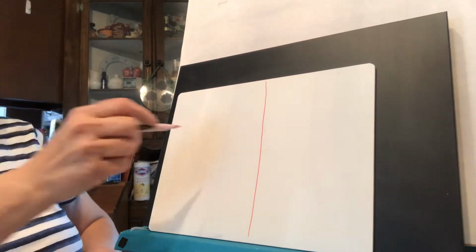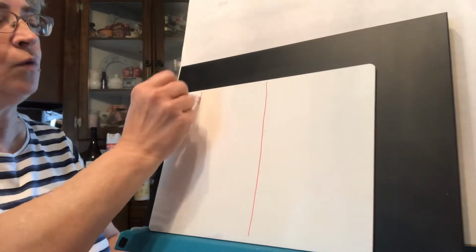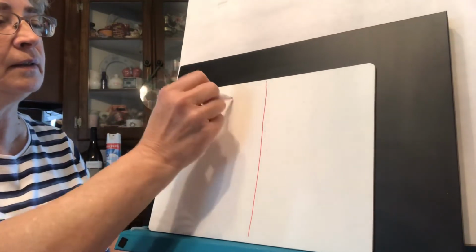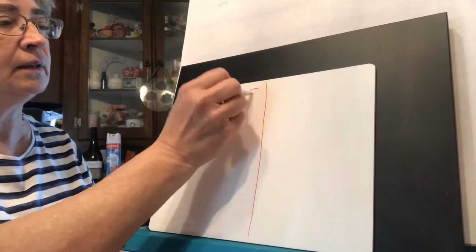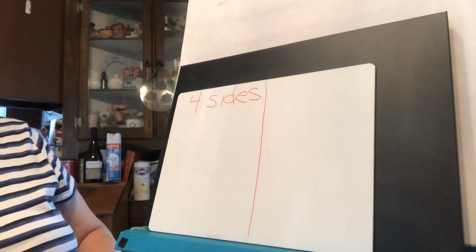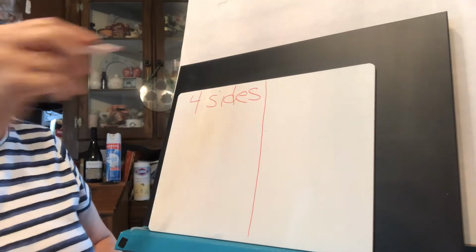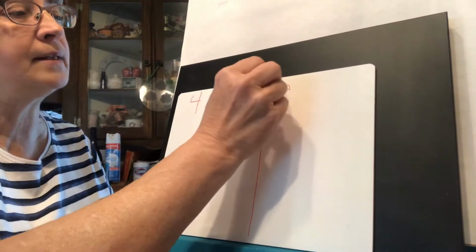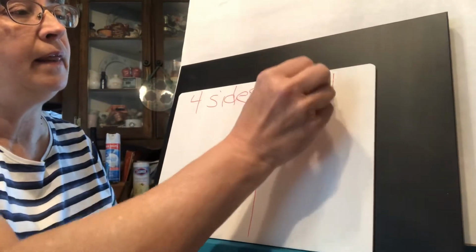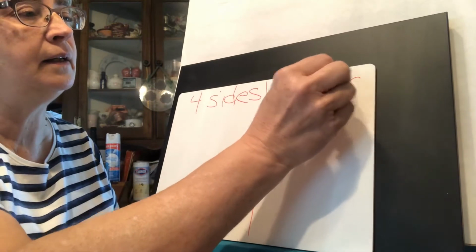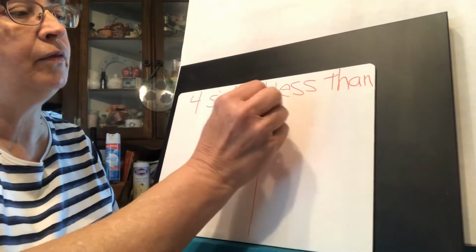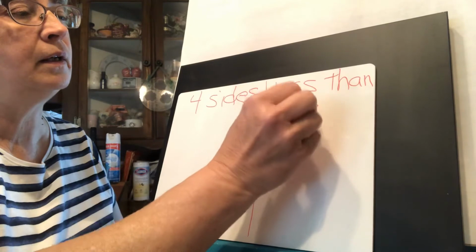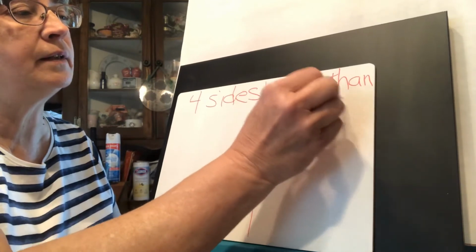And on this side, I would like you to write the words 4 sides. And on the right side of your slate, I would like you to write less than 4 vertices.